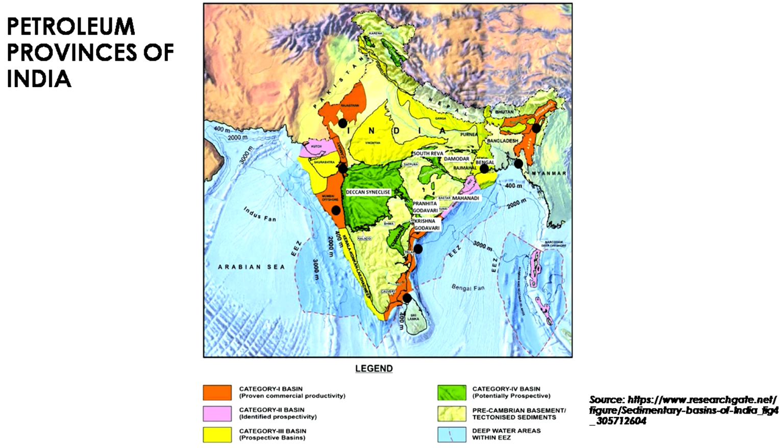These are called category 1 basins in terms of oil and gas resources. They are discovered oil and gas found in these basins. We have added one more in this list, which is the Bengal basin, because recently we have discovered oil and gas in Bengal basin, which has started production also. So, right now we have 7 basins where we have oil and gas.